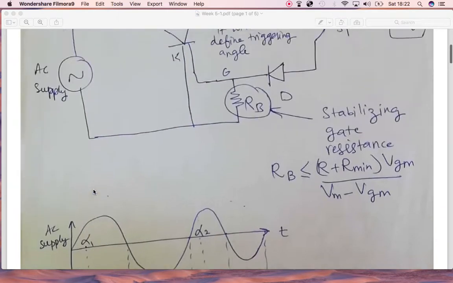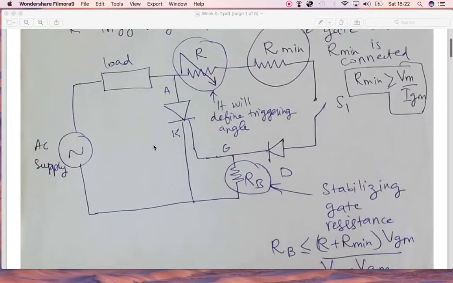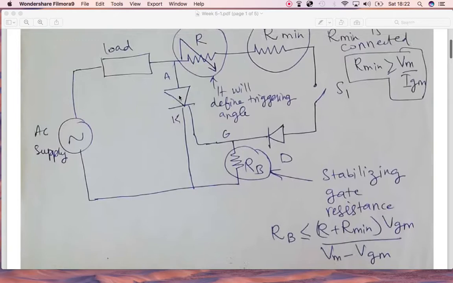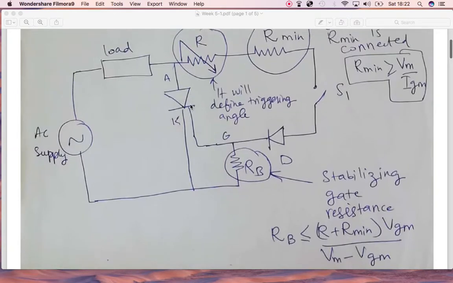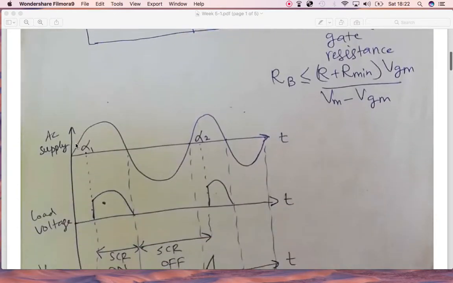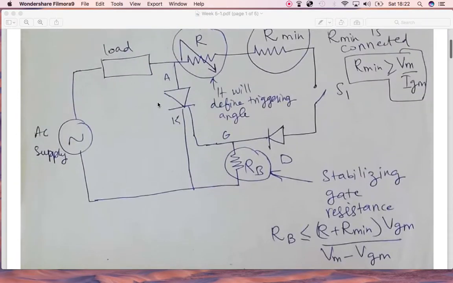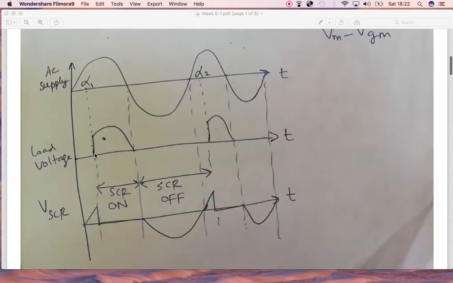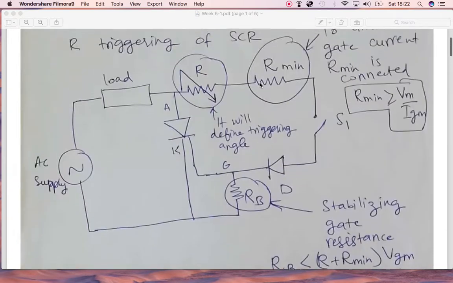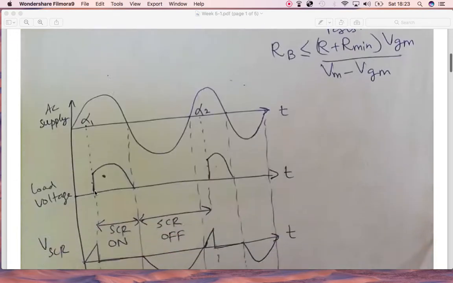The SCR was previously off, and when it was off, no supply voltage was appearing across the load, because the current is not passing through this loop, it is passing through this loop. And when the SCR is turned on by the gate current over here, the current will pass through this loop, and then all the supply voltage will appear across the load over here.